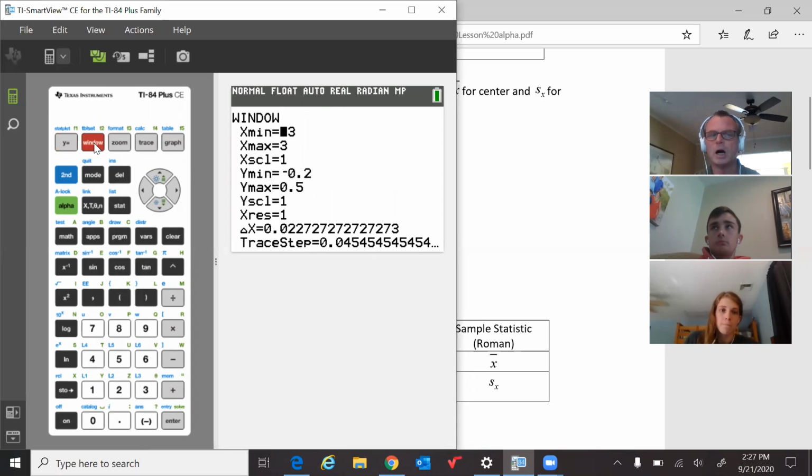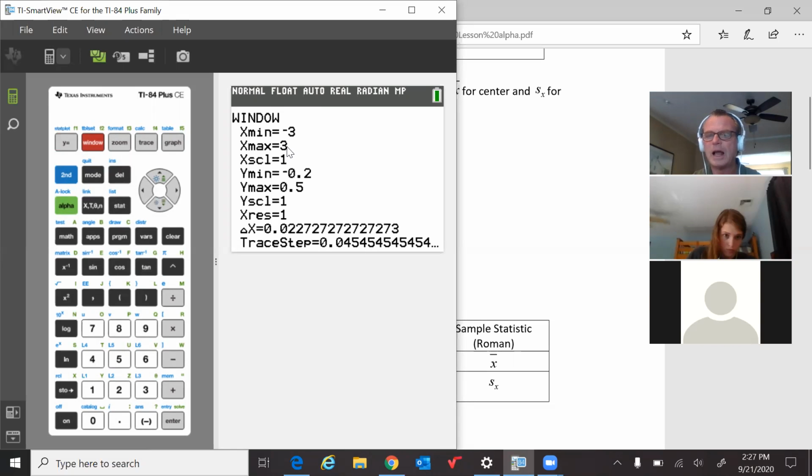And then for the window, we're going to go Xmin -3, Xmax 3, and make the Xscale 1. For the Y's, we went from -2/10 to 5/10. The Yscale being 1 isn't going to affect anything because we're not even going to see any of the notches on the Y's.